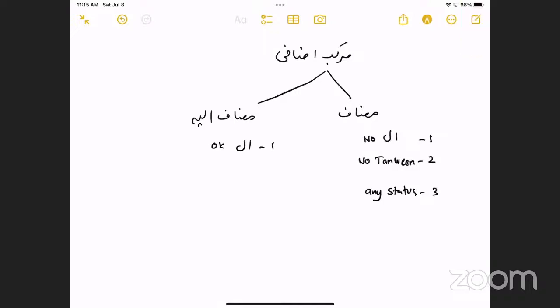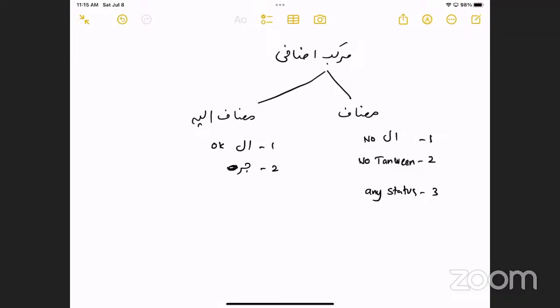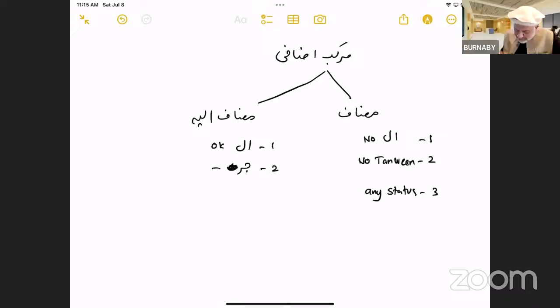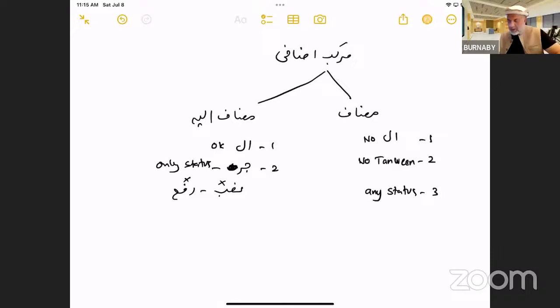Number two, always in the status of jar. So the only status allowed is jar. Can it have nasab, rafa? No, cannot have nasab in jar.